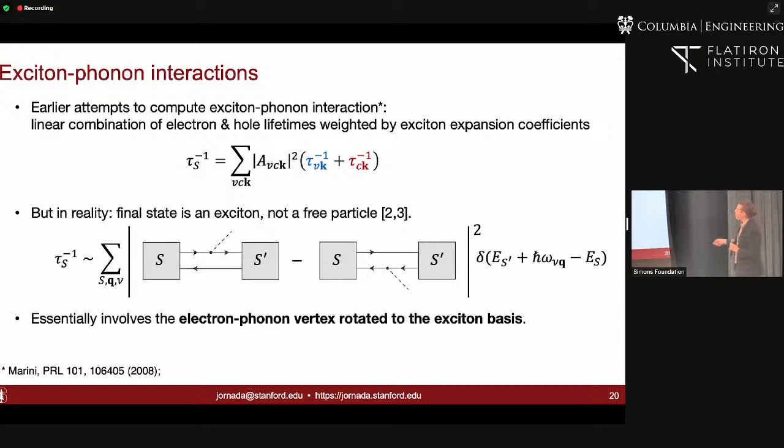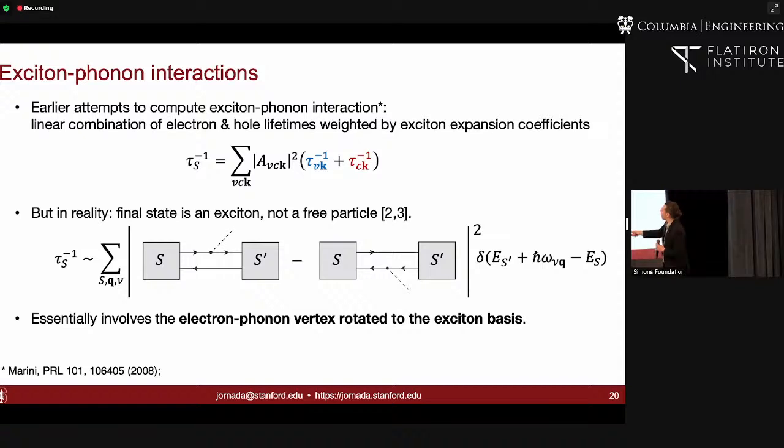So in reality, what I have to do is work with basically a Fermi's golden rule kind of picture that looks like this. You basically start with an exciton S, the final state is another state S prime, and you either emit or absorb a phonon, and there's either an electron channel or a hole channel that is schematically shown here, and you conserve energy.